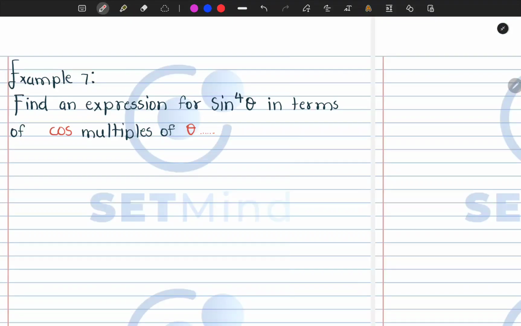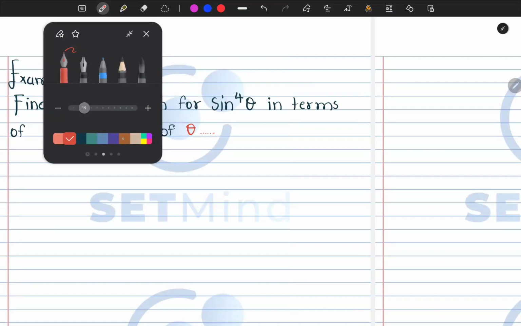Okay, so let's have a look at example 7. Example 7 reads, find an expression for sine theta to the power of 4 in terms of, the power is all, in terms of cos multiples of theta.